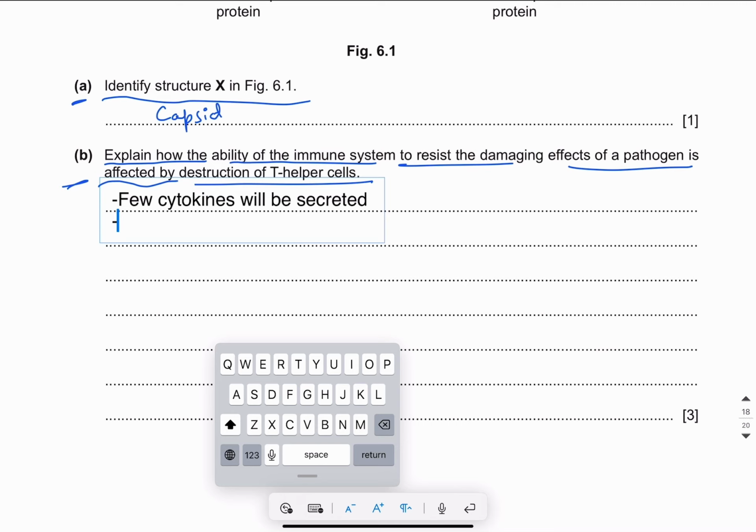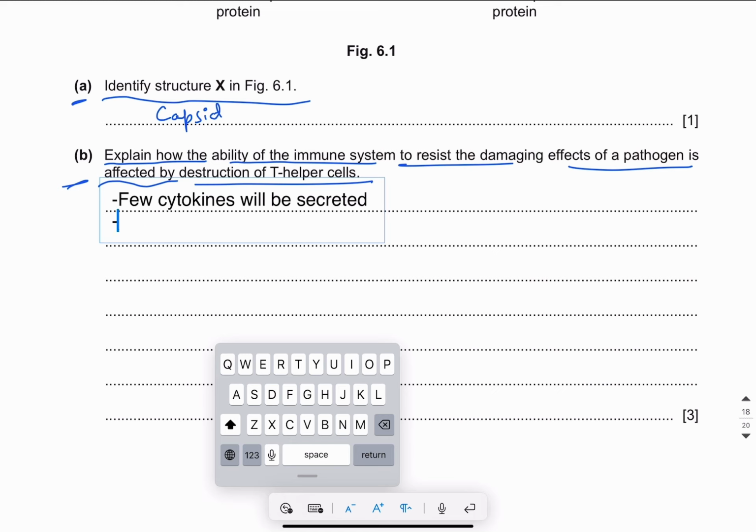Fewer B lymphocytes will be stimulated to differentiate into plasma cells. So fewer plasma cells will be there and fewer antibodies will be produced, right? And fewer macrophages will be activated, so less phagocytosis.